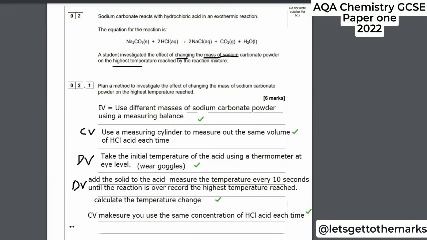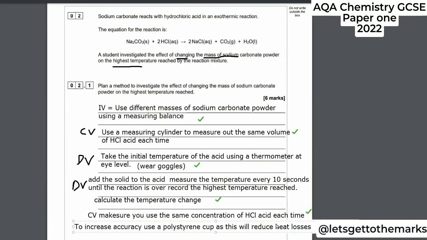A couple of other things to increase accuracy: use a polystyrene cup, as this will reduce heat losses, as it's an insulator.